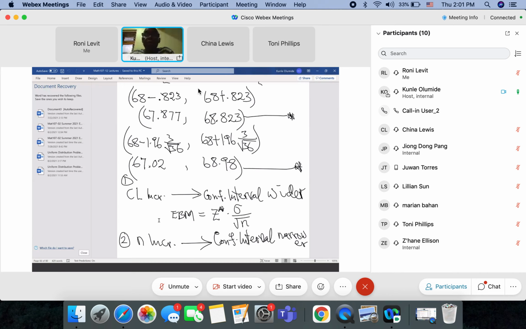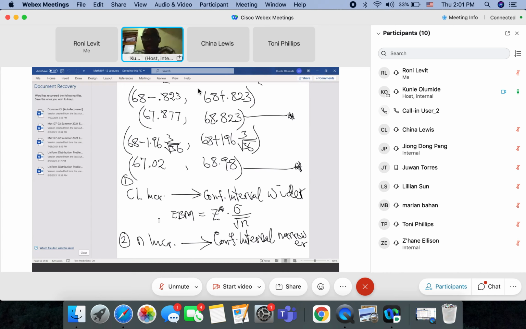And if the confidence level decreases, the confidence interval becomes narrower. It's a direct relationship. They go in the same direction, parallel, side by side.